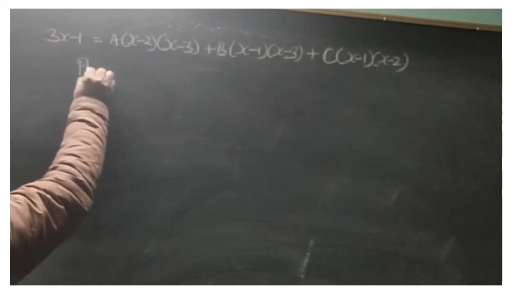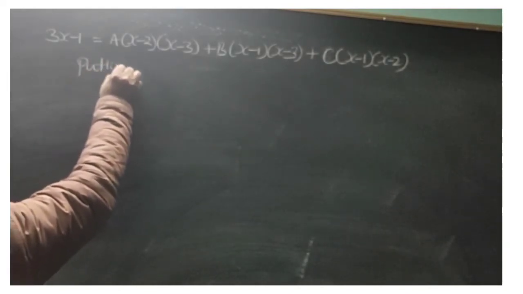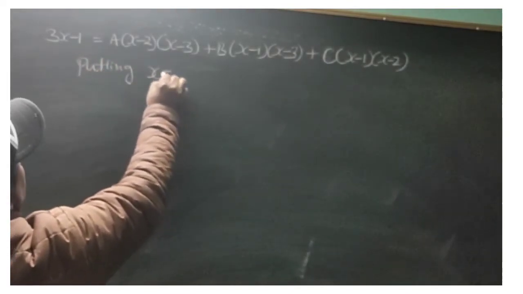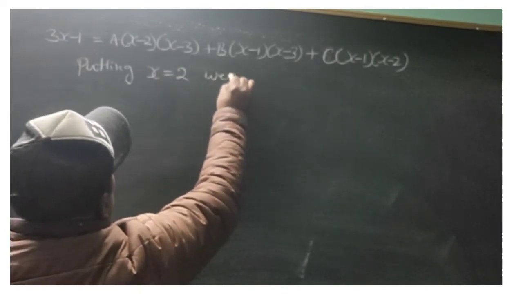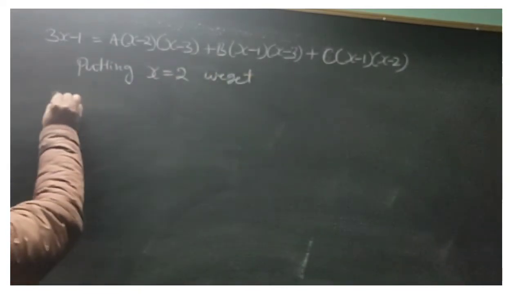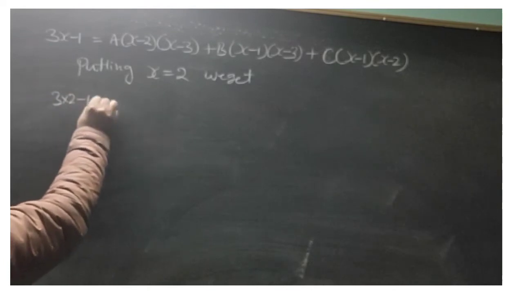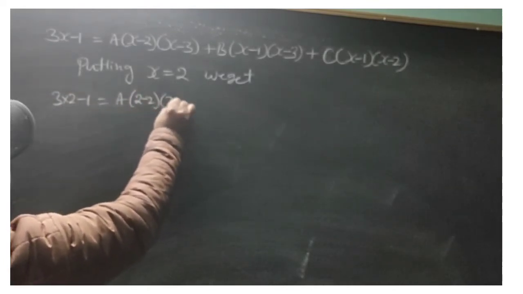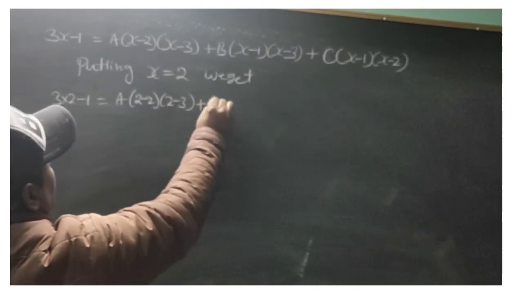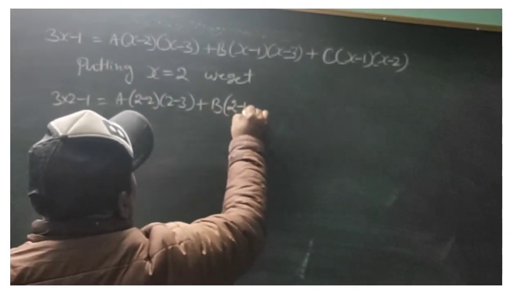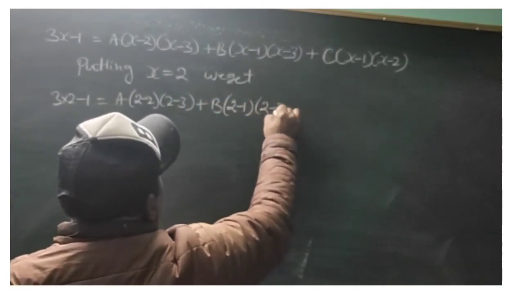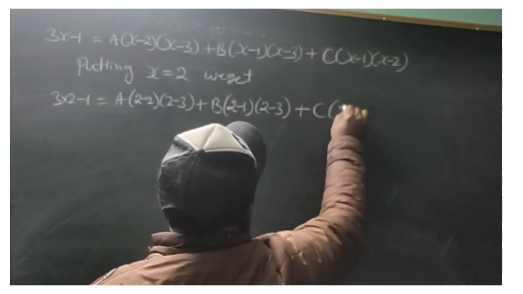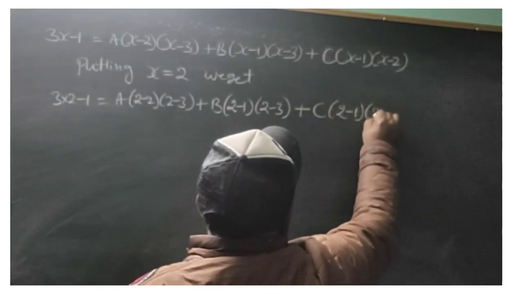Now putting x is equal to 2, we get 3 into 2 minus 1 is equal to A into 2 minus 2 into 2 minus 3 plus B into 2 minus 1 into 2 minus 3 plus C into 2 minus 1 into 2 minus 2.